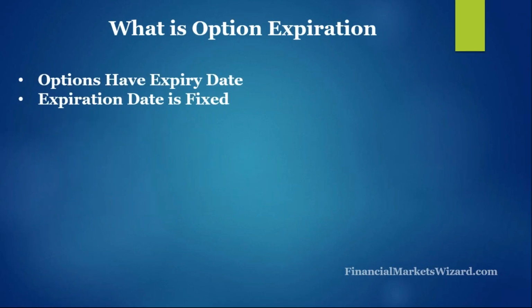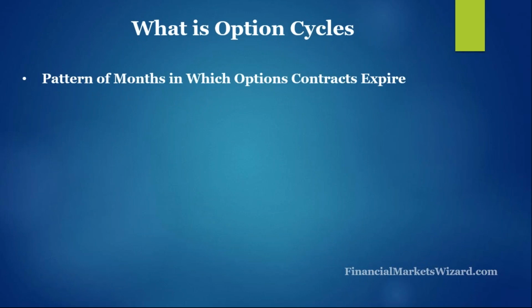So what is option expiration? We know that each option has an expiry date, and they usually expire on the third Friday of the month or quarter, etc. And they are fixed. So expiration date is fixed. So what is option cycle?